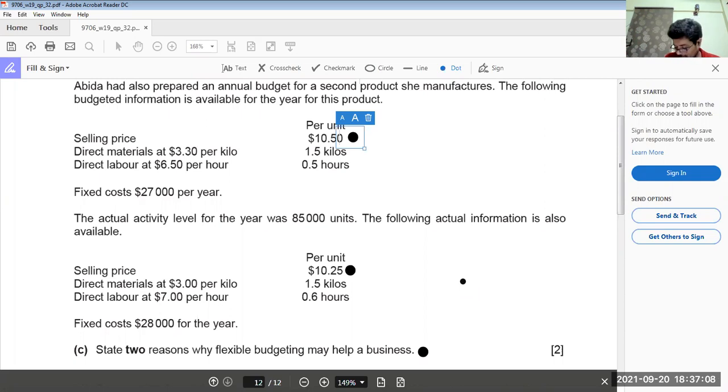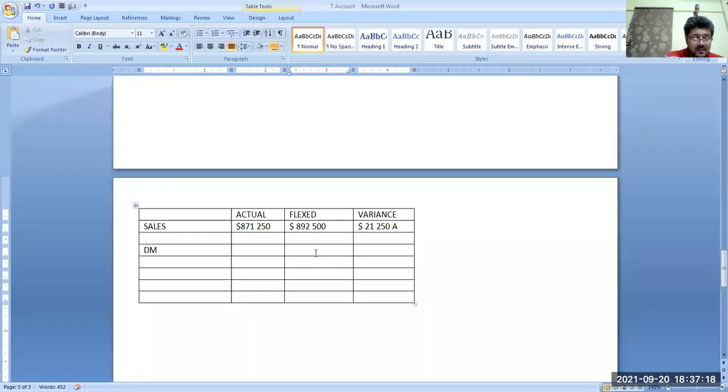They were supposed to spend 420,750. According to the budget, they have to spend 420,750.